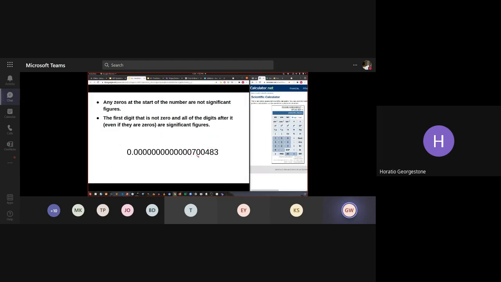So these zeros are significant, the 4, the 8 and the 3 are all significant, and anything else that came after that would be significant. But the front bit that's just zeros, none of those zeros are significant. And it's important to note that although we don't usually write them, there's actually an infinite number of zeros on the end of every number, and those are also significant figures.